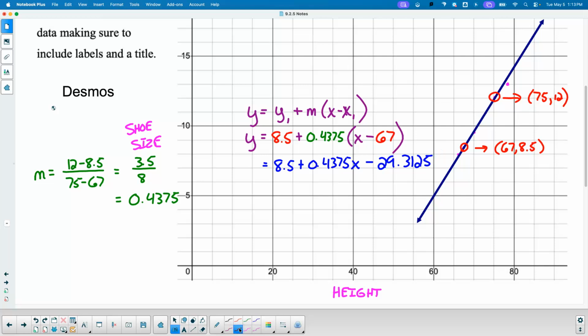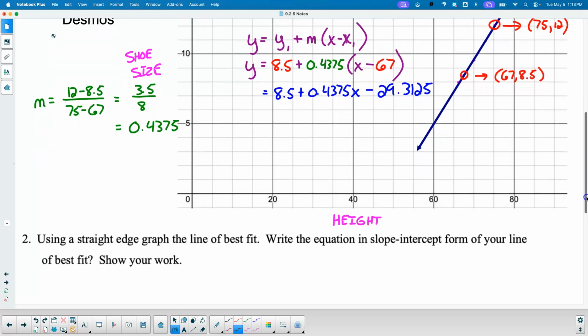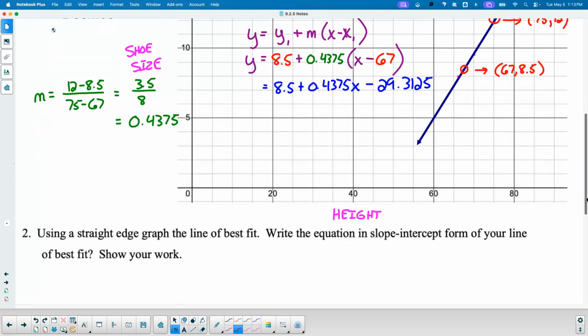So I get here, for my equation in slope-intercept form, y equals 0.4375x minus 20.8125.